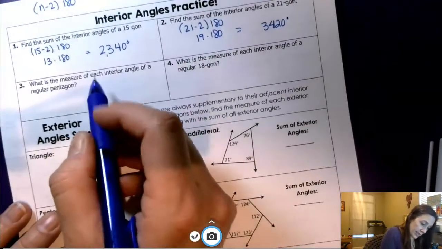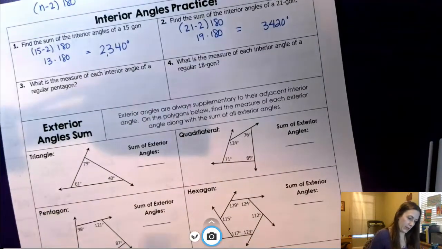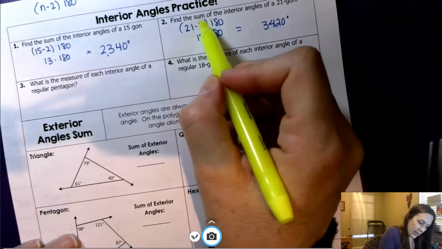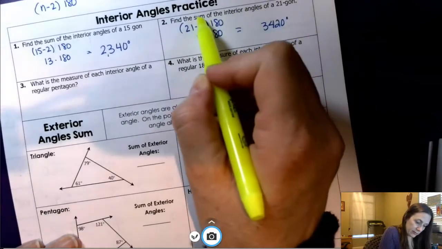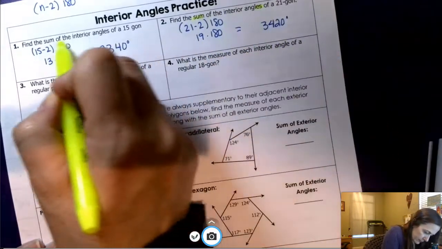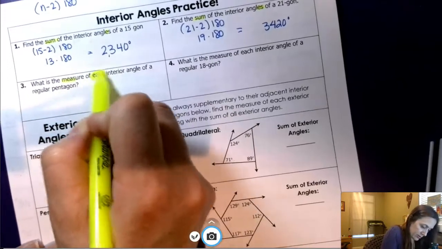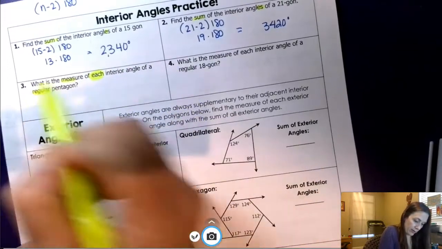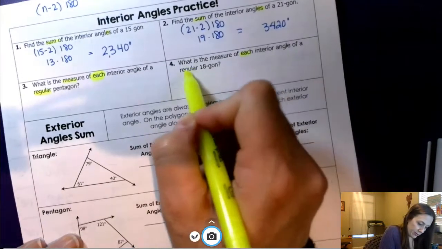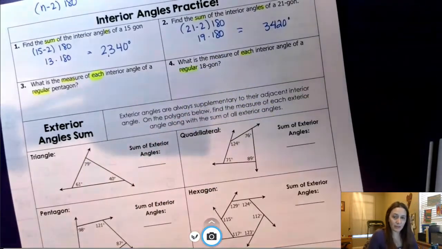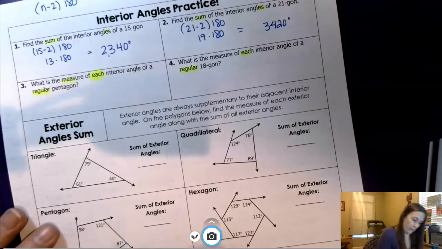The measure of each, okay, so these are words that we want to pay attention to. Find the sum of the interior angles. This one says find the measure of each interior angle of a regular. Each interior angle of a regular. That makes it a little bit different. That means you want to find one of them.